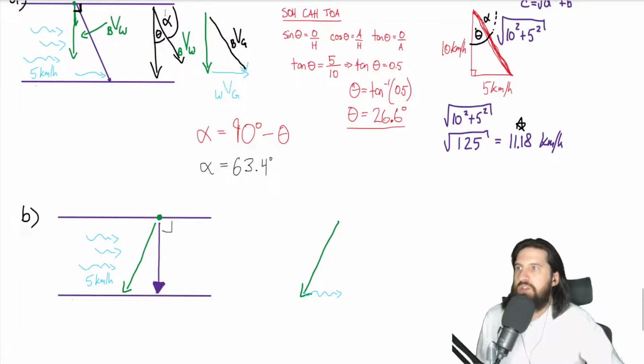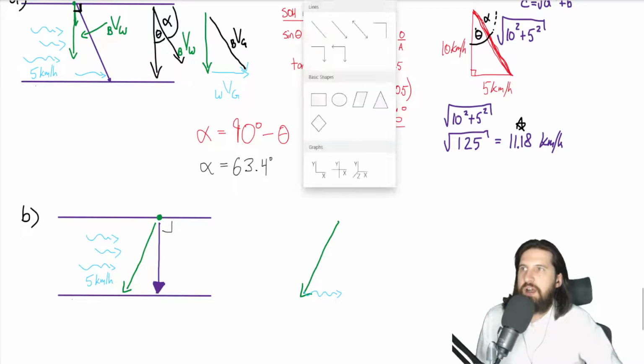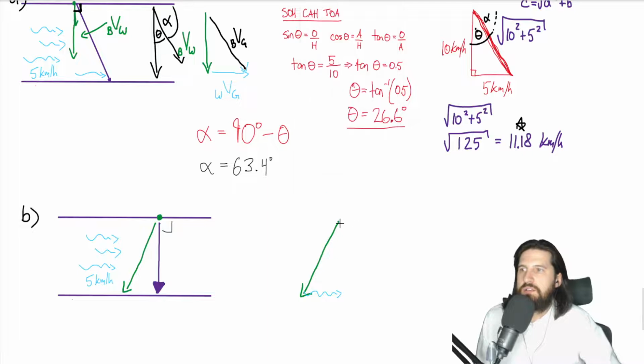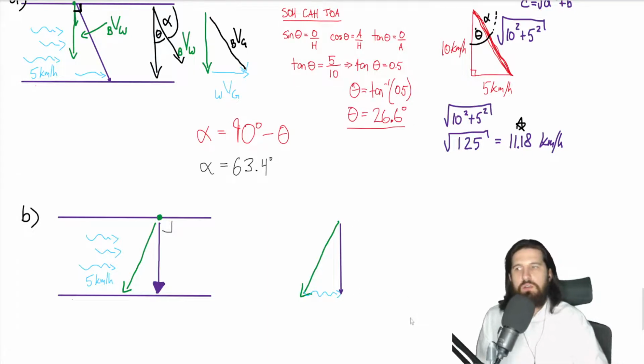And now what do we get? We get perfectly straight down as the result when we add them together, right? So it's green arrow plus blue arrow equals purple arrow.